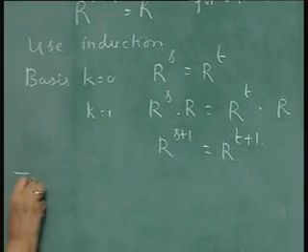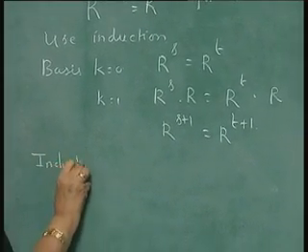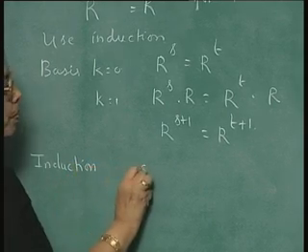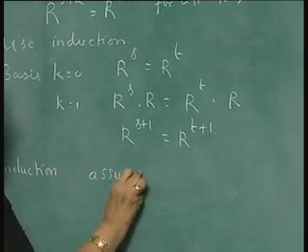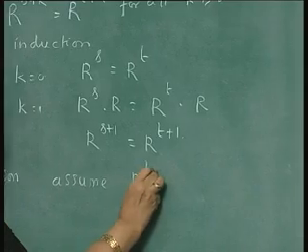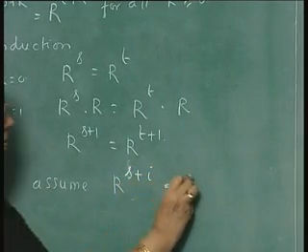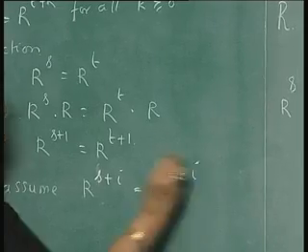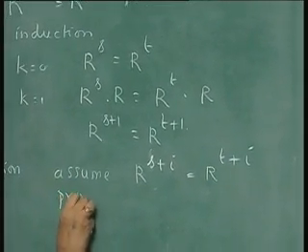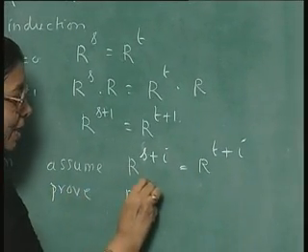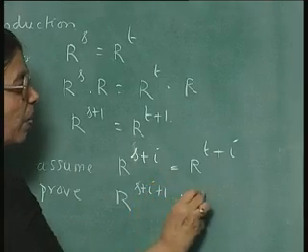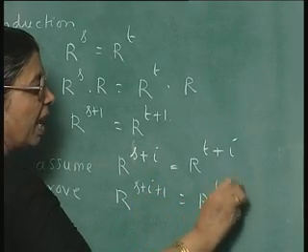Then the induction portion is like this. Assume R power S plus I equal to R power T plus I. To prove R power S plus I plus 1 equal to R power T plus I plus 1.